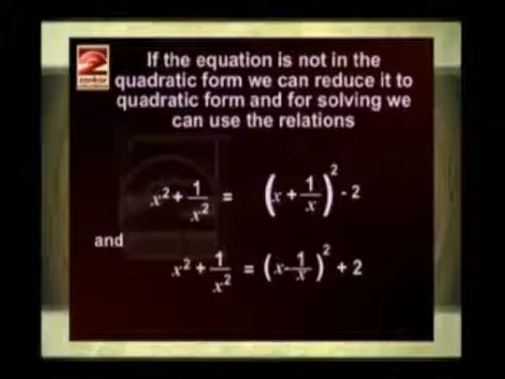Now solve the equation x square plus 2x in one bracket into x square plus 2x minus 11 in another bracket plus 24 is equal to 0.